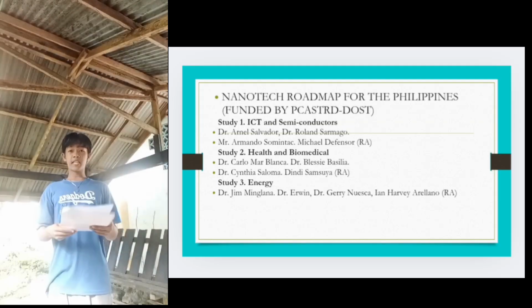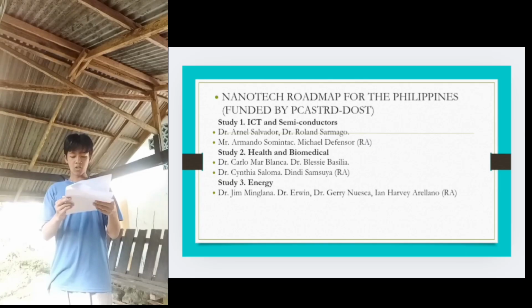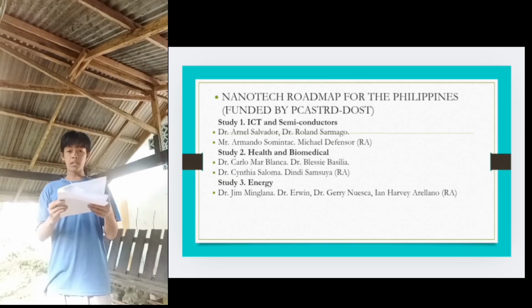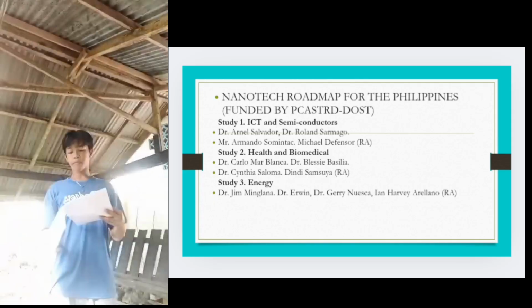Now, let us proceed to the Nanotech Roadmap for the Philippines, funded by DOST. Study 1, ICT and Semiconductors. So, the researchers of these are Dr. Emil Salvador, Dr. Roland Sarmago, and team.